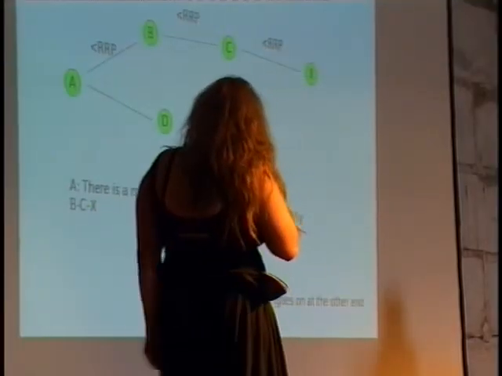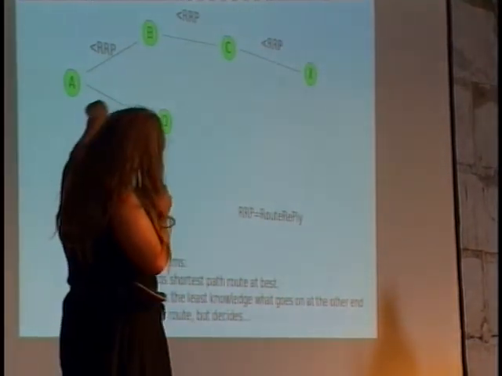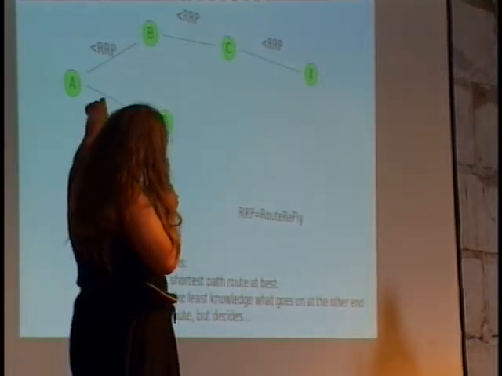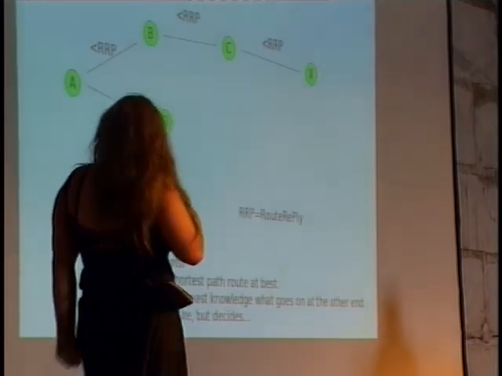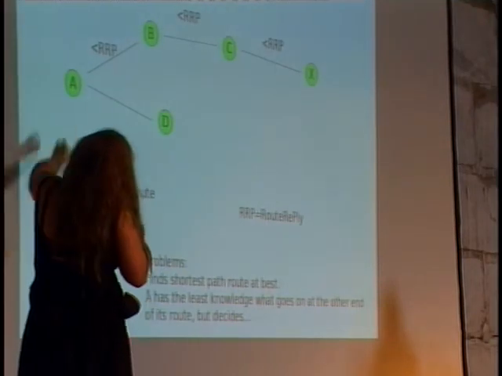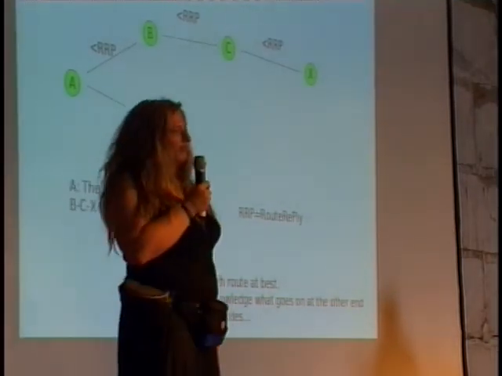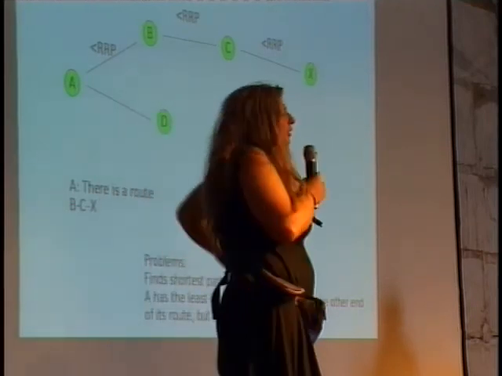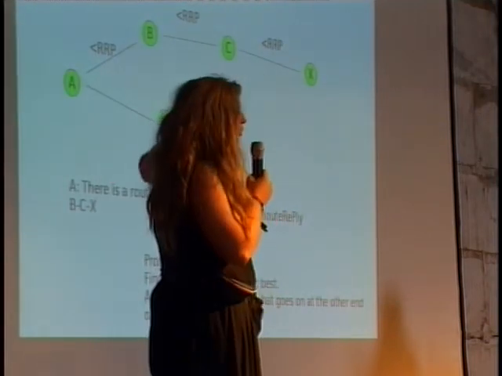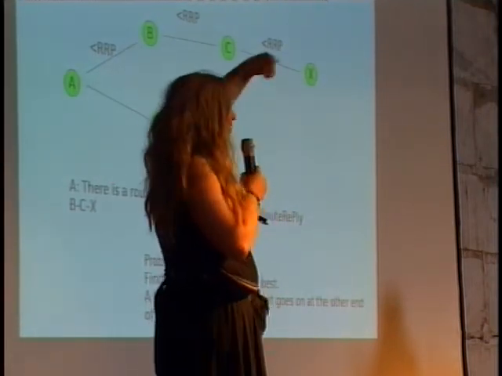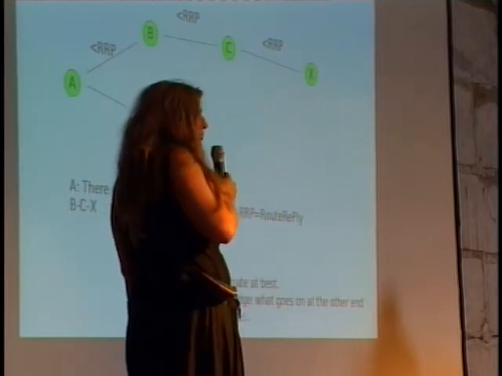X will send a route reply back. And the package that is forwarded back lists all the nodes that were on the way. So in the end, A thinks it has a path to X. In theory, this should work. It should be loop-free because if there is a routing loop, if one of those nodes occurs in the route more than one time, there's obviously something wrong and you got a loop.